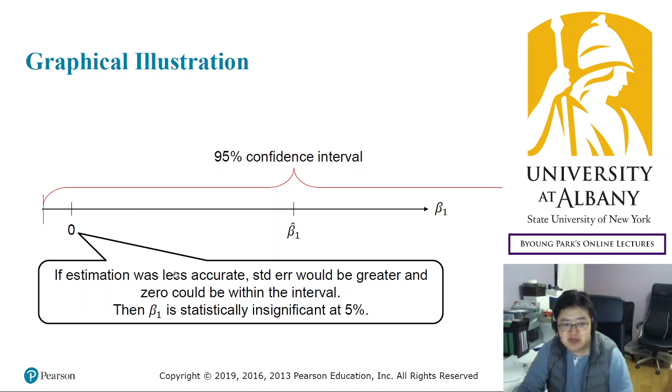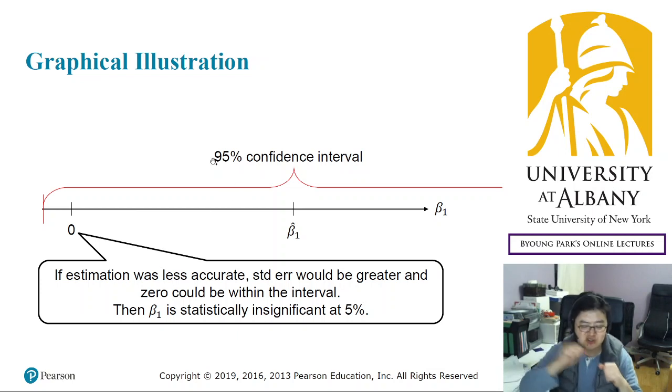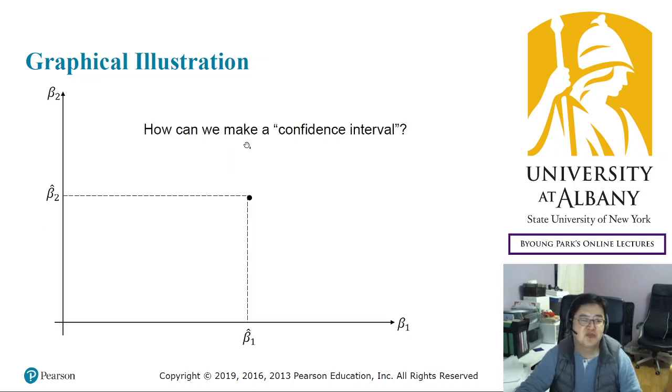Okay, in the one-dimensional case, when you consider only one coefficient, one estimate, this analysis is pretty easy to understand because it is just one directional, like a one-dimensional line. But now let's extend the idea to two dimensions. Suppose that you include another variable into your regression model, and you have two variables like the student-to-teacher ratio and the percentage of English learners.